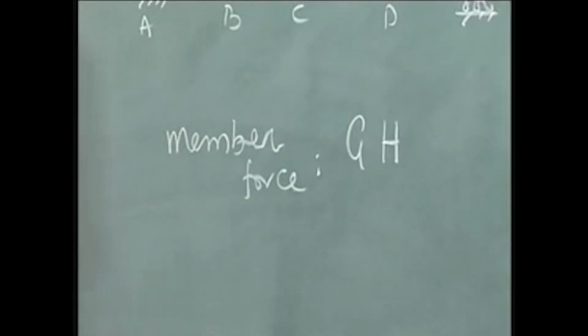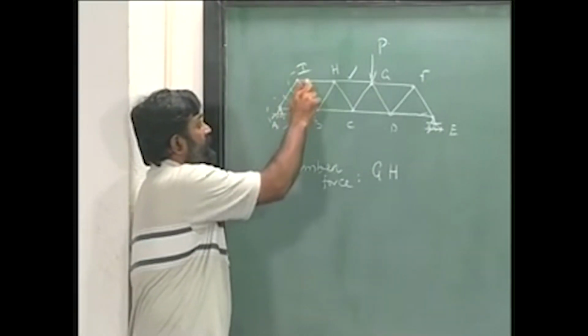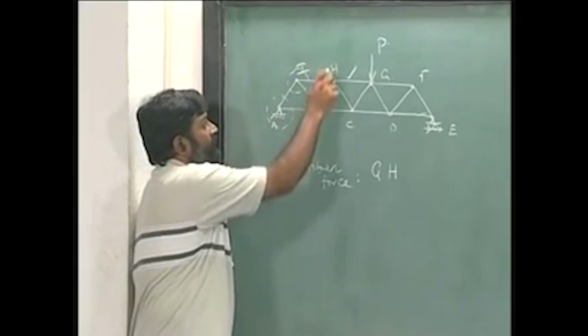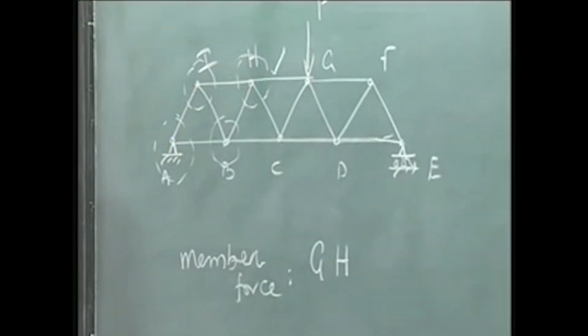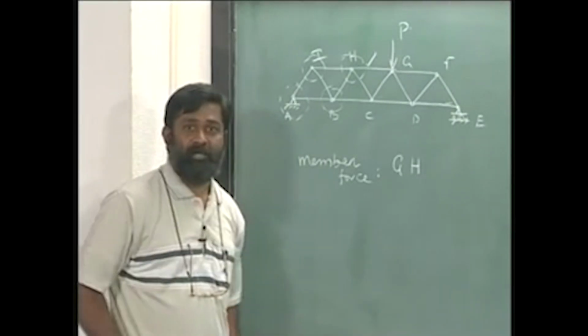In the earlier method, what we did is we went by sectioning in such a way that each of the sections had one joint in it or one pin in it, and then we revealed all the forces that emanate from this joint and then solve the problem.